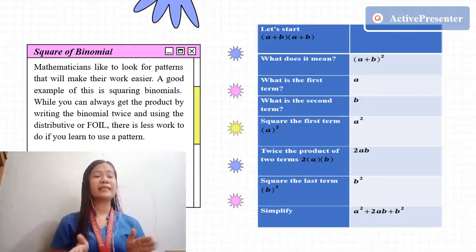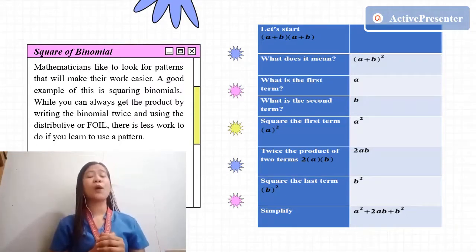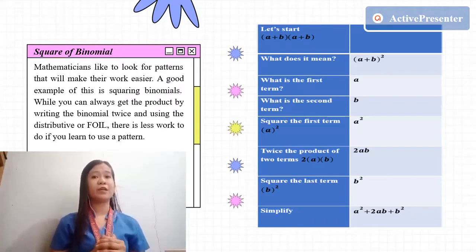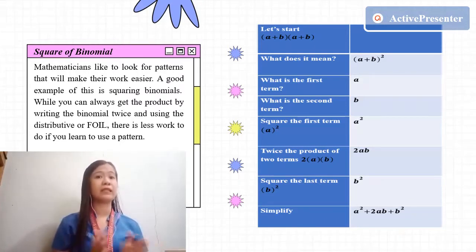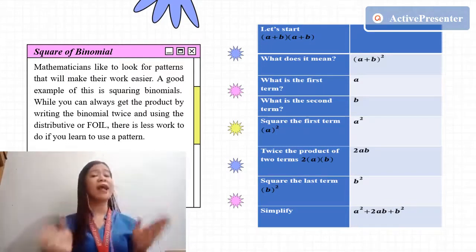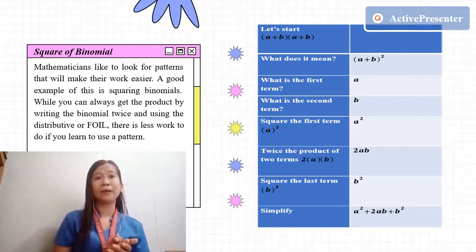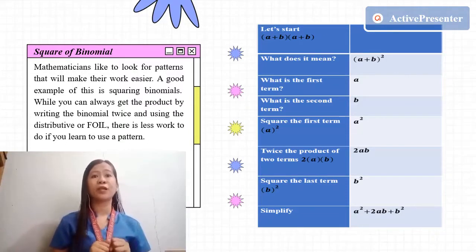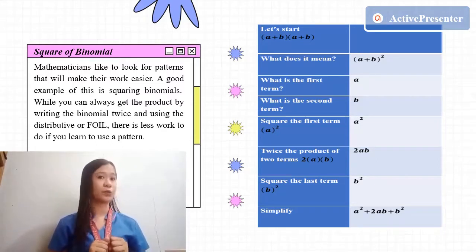So what does it mean? We have the quantity a plus b squared. What is the first term in the given expression? We have a, and the second term is b. Let us find the square of the first term. So a squared is equal to a squared.